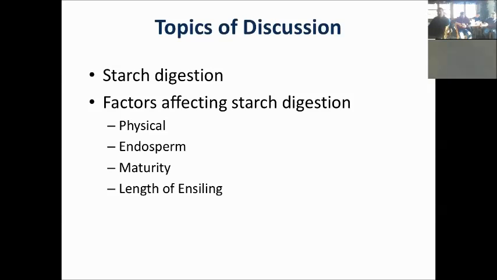We're also going to spend a lot of time talking about the factors that affect starch digestion, including, as I had mentioned earlier, the physical pericarp, differences in endosperm, effects of maturity, and prolamin proteins, and also talk a bit about how length of ensiling can affect the availability of starch as well.